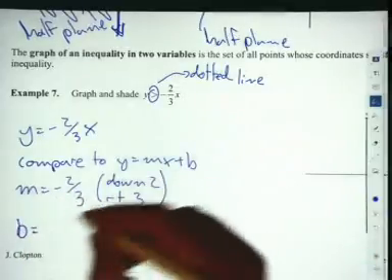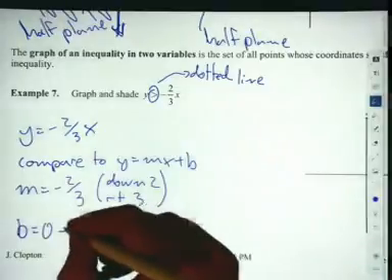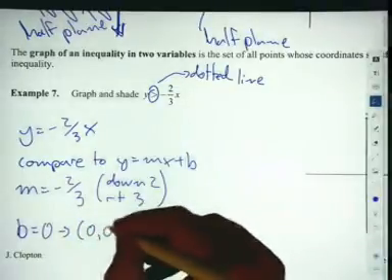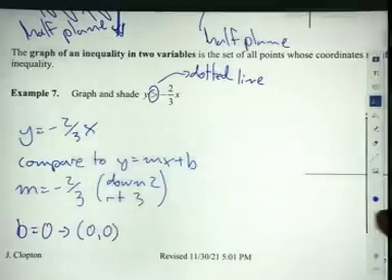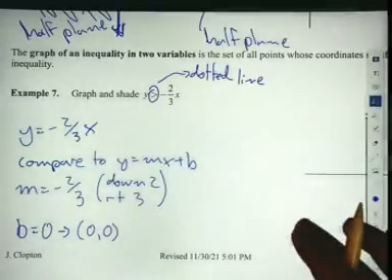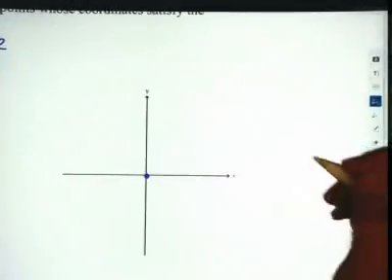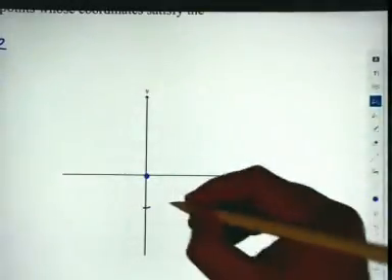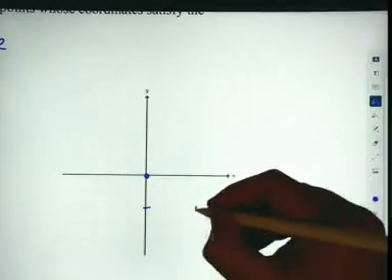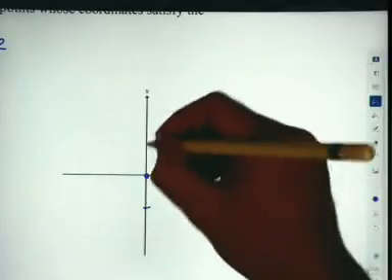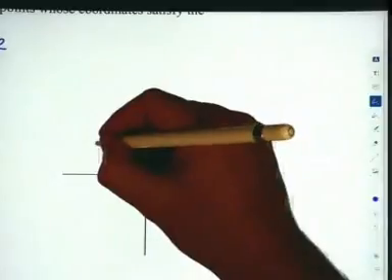My y-intercept b is 0, so that means my starting point is at 0, 0. So let's just start getting a sketch of what this line looks like. We're going to start at 0, and I go down 2 over 3. I can also go up 2 to the left 3.